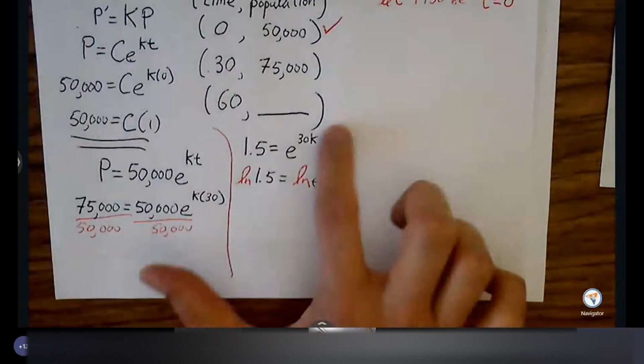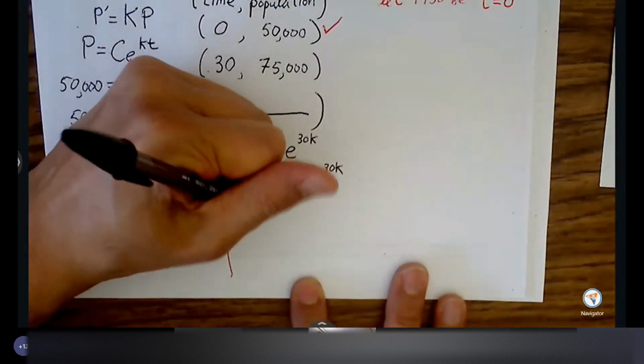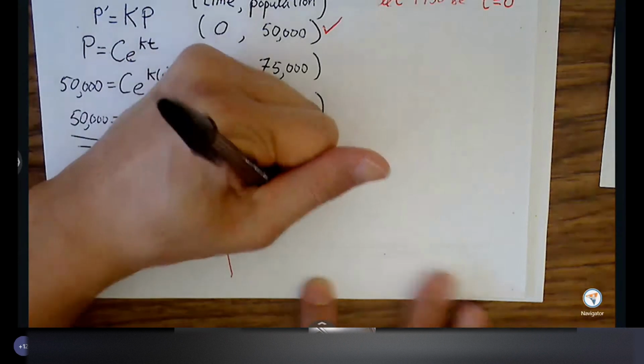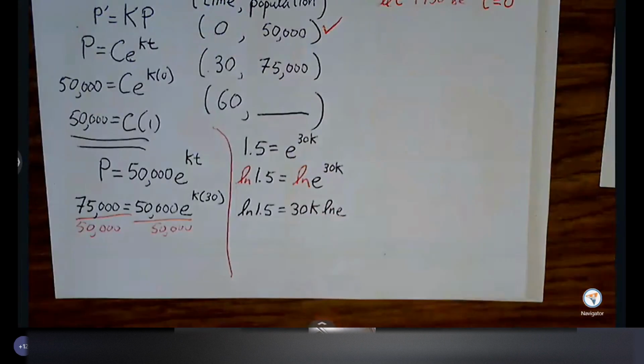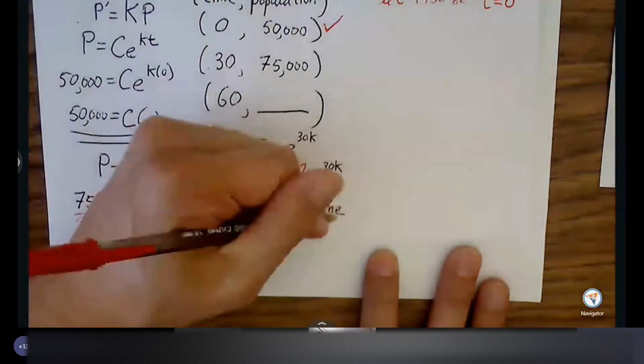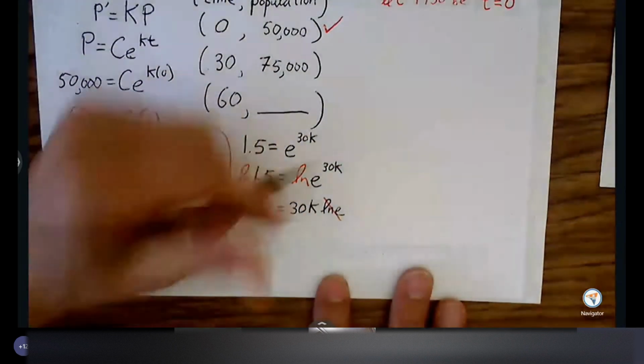That 30k can freely move down in front of the natural log. Natural log of e just becomes 1, so we can make it go away and solve for k by dividing by 30.